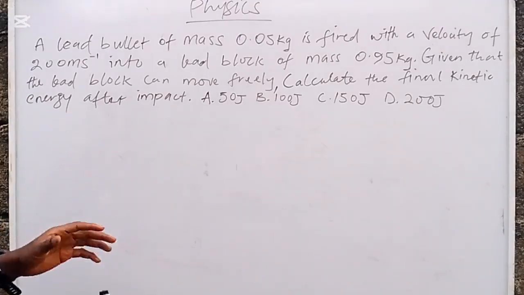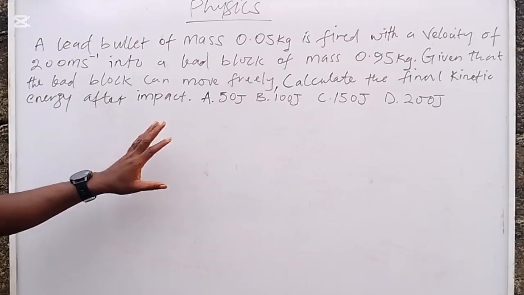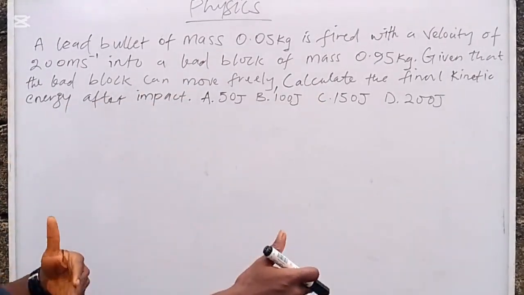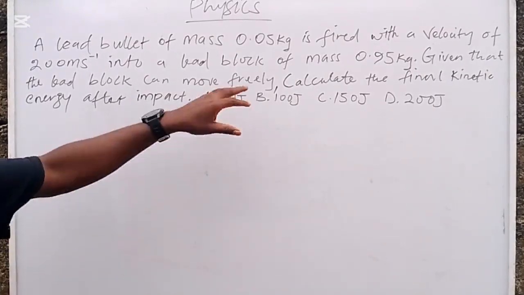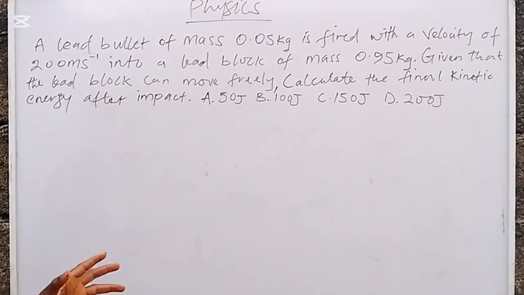So first thing first, remember that we are asked to calculate the final kinetic energy after impact. That means that there is an initial kinetic energy and there's also a final kinetic energy. From the question, we are only interested in the final kinetic energy after impact, right?